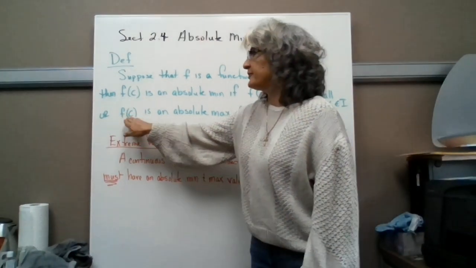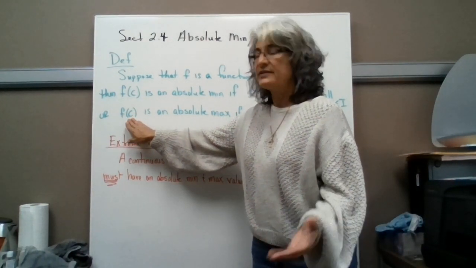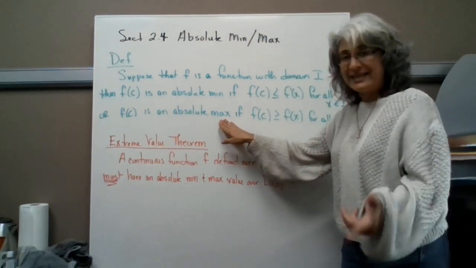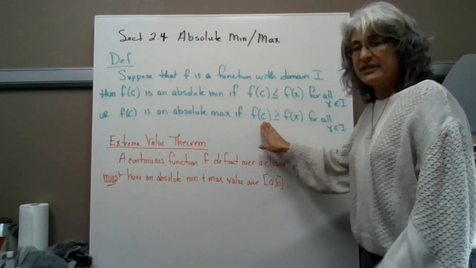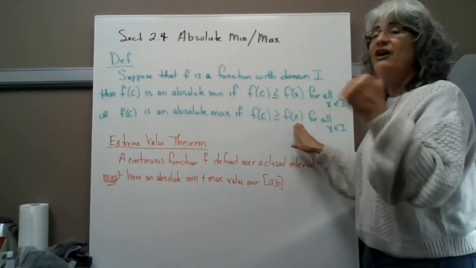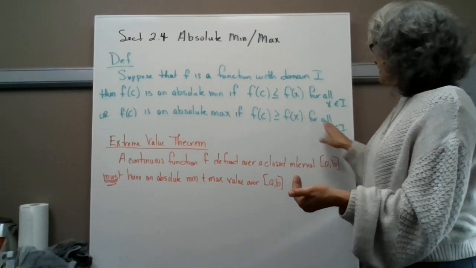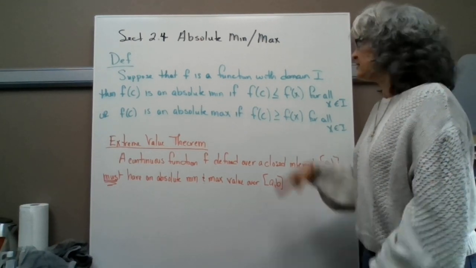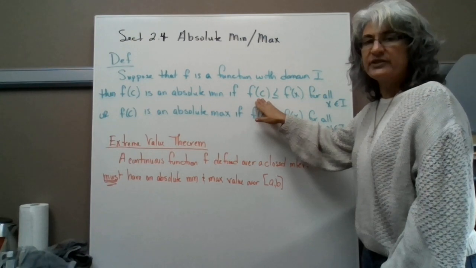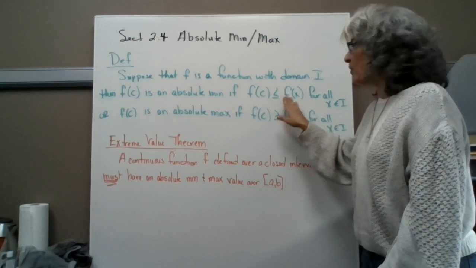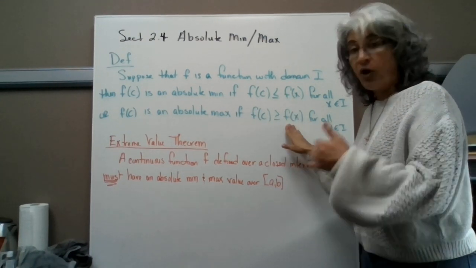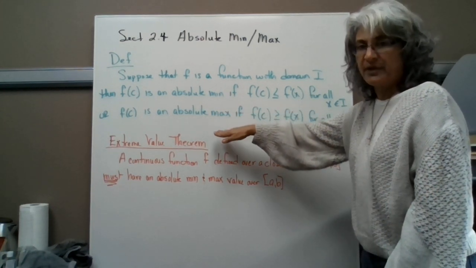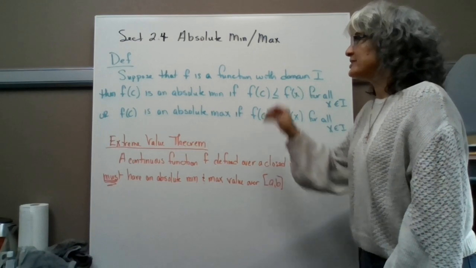Or f of c, again, the y value at the critical value, is an absolute max if this y value at c is greater than or equal to all the other y values for all the other x's in this interval I. Okay, makes sense. This y value has to be smaller than all the other ones, or this y value has to be bigger than all the other ones in order for it to be considered an absolute min or an absolute max.